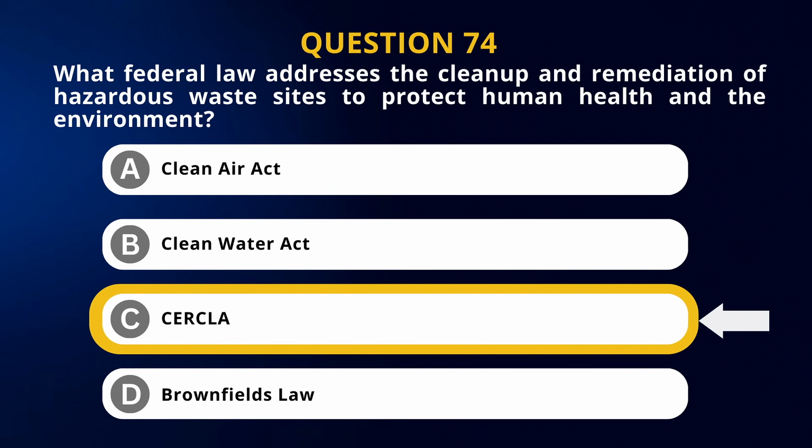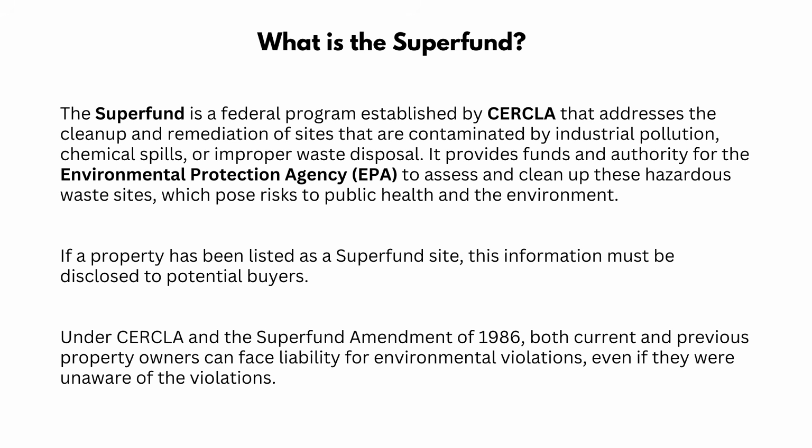So this is going to be found in the environmental sections of your book. You definitely want to know a little bit about a few of these, like the Clean Water Act, the CERCLA law, the Comprehensive Environmental Response, Compensation, and Liability Act, and then the Brownfield law. I would say the two that you'll typically see are the CERCLA law, also known as the Superfund law, and then brownfields.